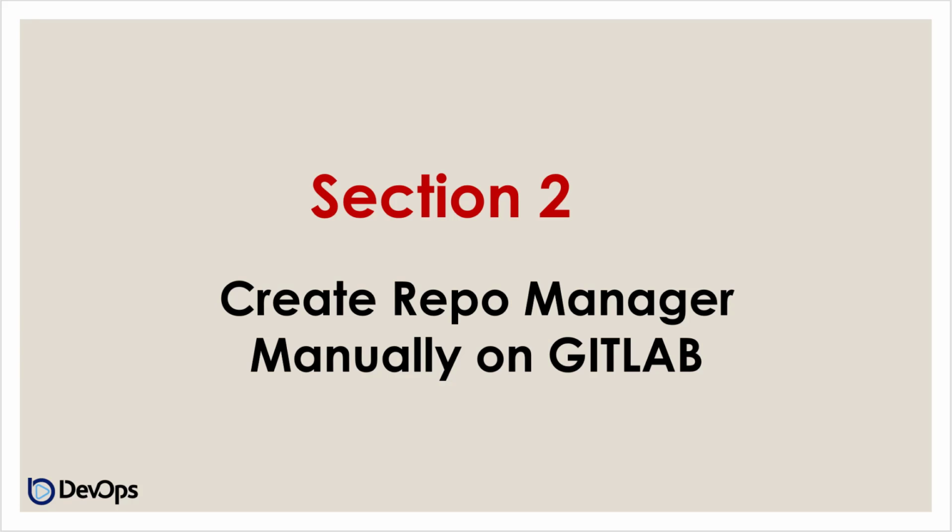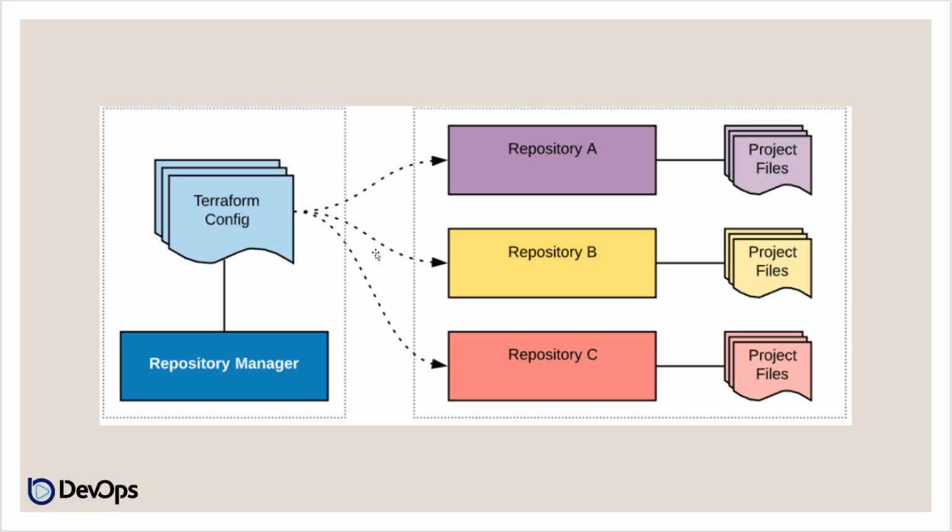In section 2, we need to create a repo manager manually on GitLab. What is a repo manager? If we have a look at this picture, we need a repository called the repository manager. Why? Because we have Terraform config, we have Terraform code.